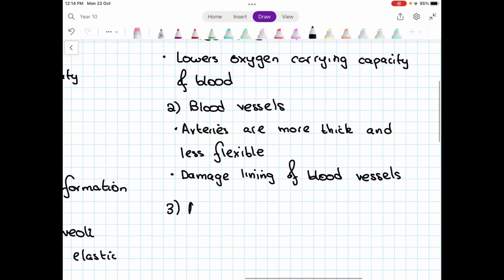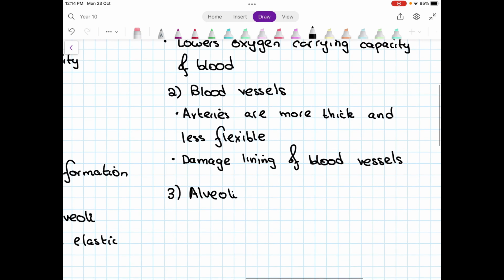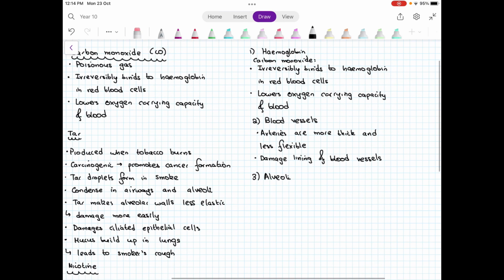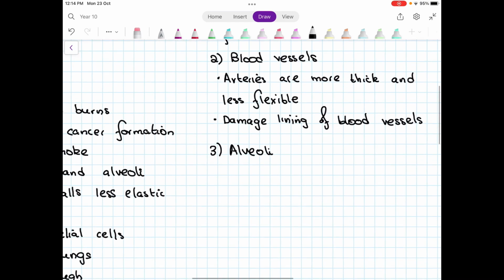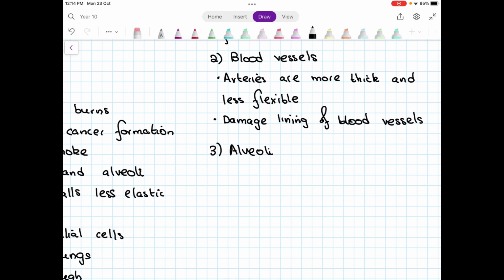Let's move on to alveoli. When we looked at tar, we saw that the tar in cigarettes makes the walls of alveoli less elastic, and as a result, they're more prone to damage. Also, the alveoli can become larger in a condition known as emphysema, and this lowers their surface area to volume ratio.